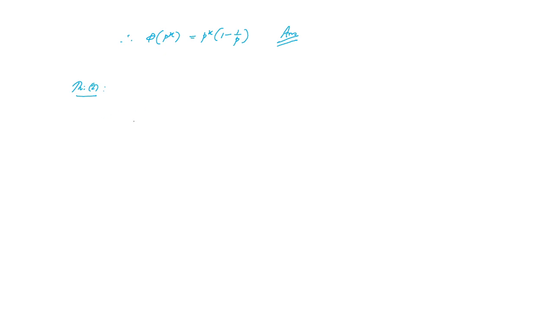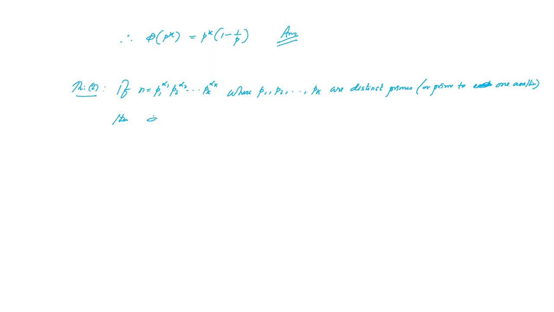If n equals p1 to the power alpha 1, p2 to the power alpha 2, up to pk to the power alpha k, this is the canonical representation, where p1, p2, up to pk are distinct primes, or prime to one another, then phi of n will be n into 1 minus 1 by p1, 1 minus 1 by p2, up to 1 minus 1 by pk.